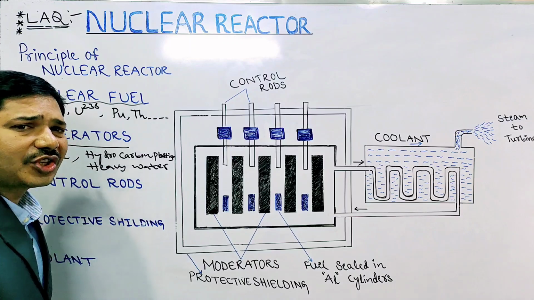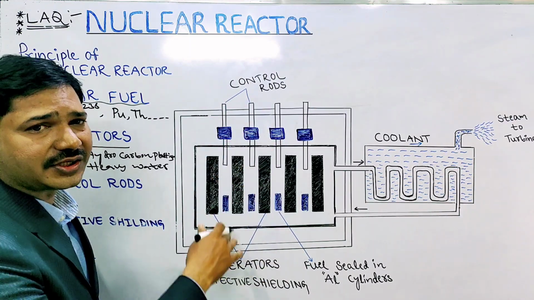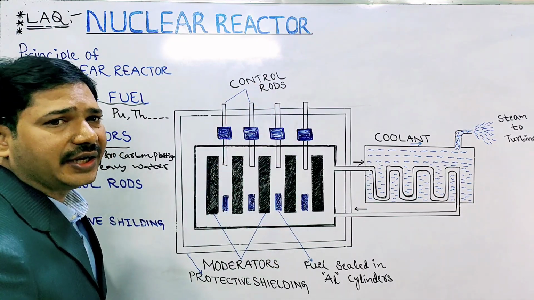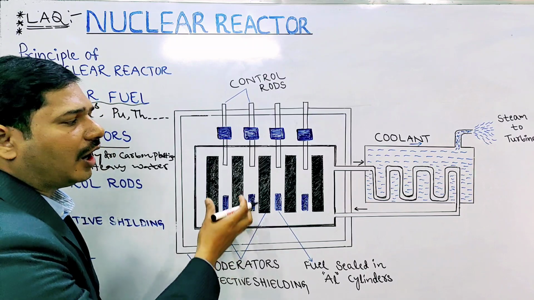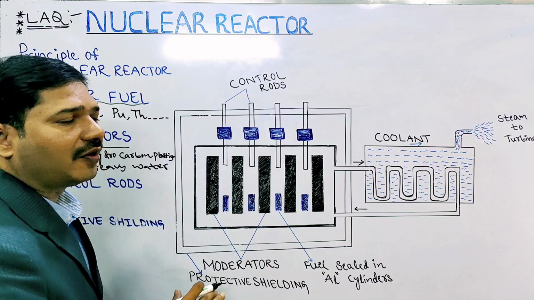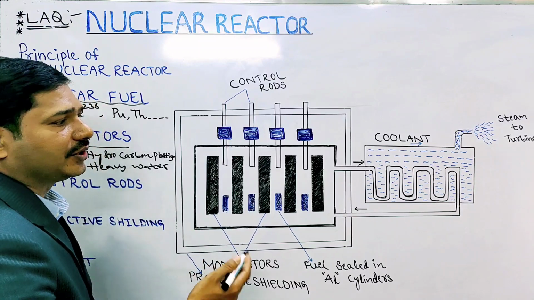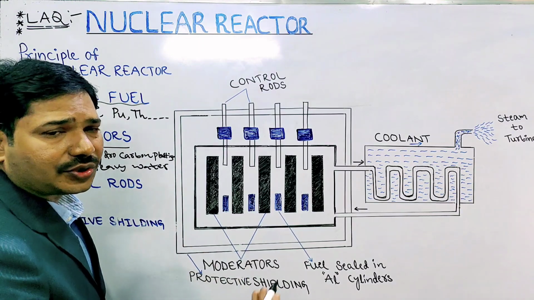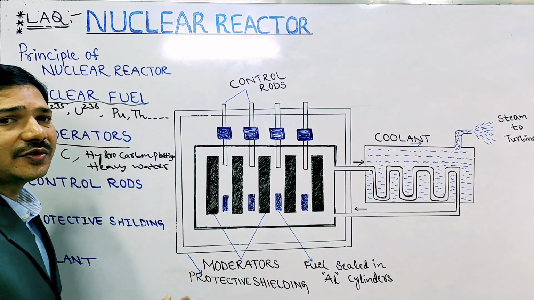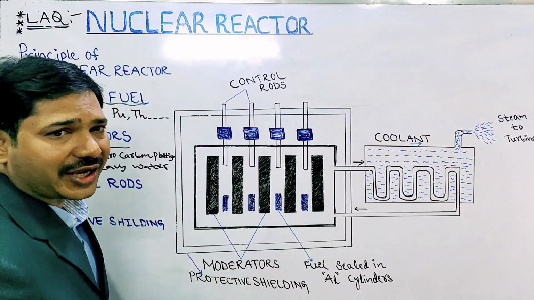If you want to stop the chain reaction, what to do? The control rods are completely inserted into the core. All neutrons are absorbed by the control rods and there is no further reaction; the chain reaction comes to a halt. The control rods' main aim is to absorb the excess neutrons and control the chain reaction.